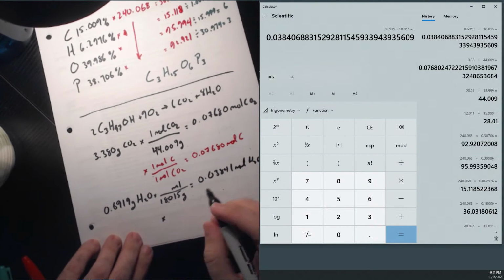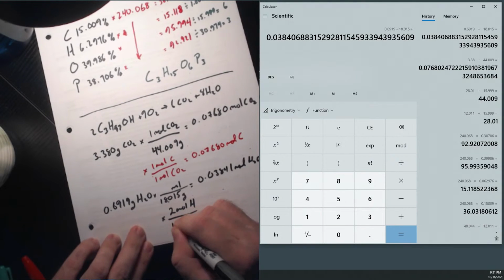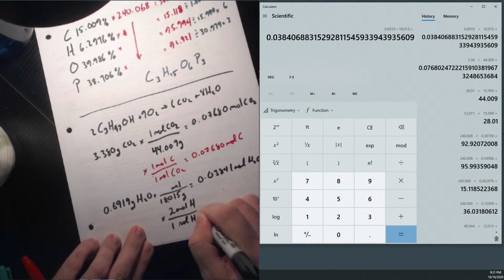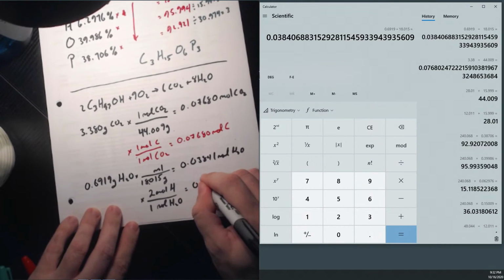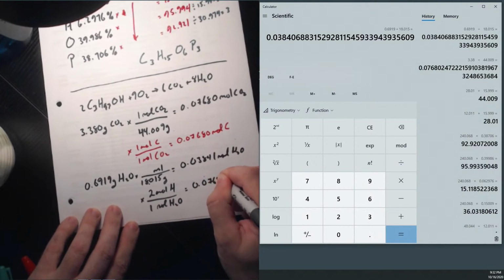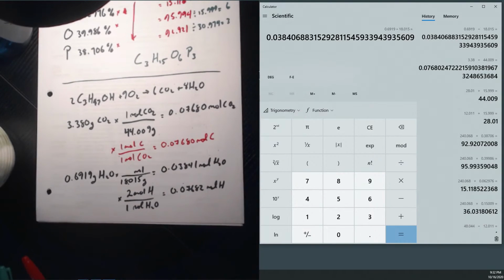But then we have to double that because there are 2 moles of hydrogen for every 1 mole of water. So that's going to get 0.07682 moles of hydrogen. So be careful about that.